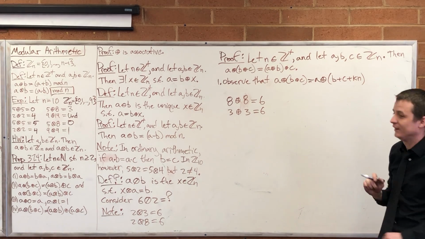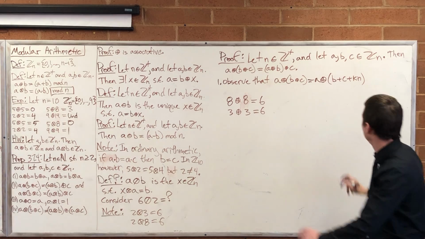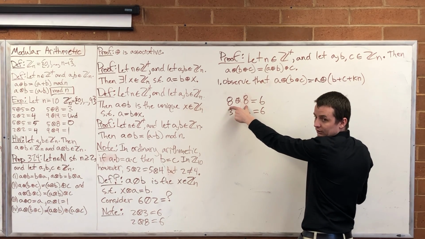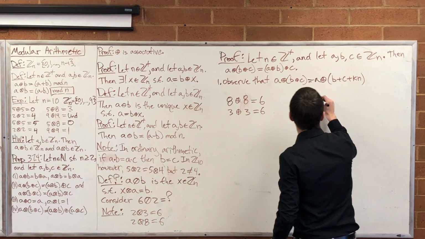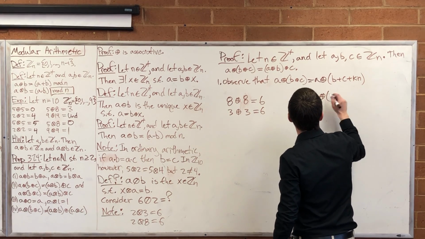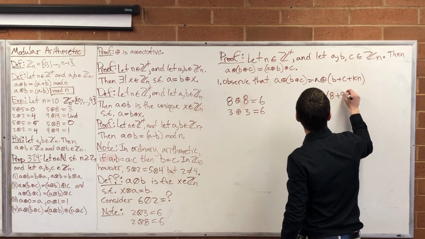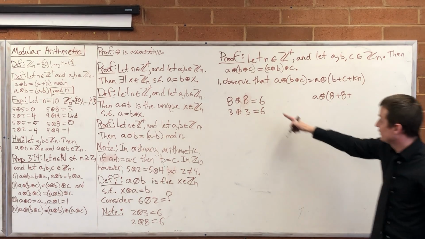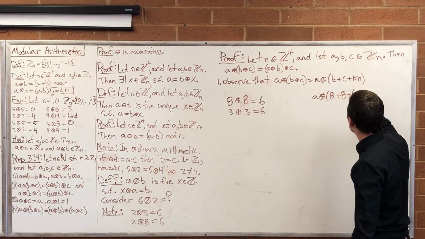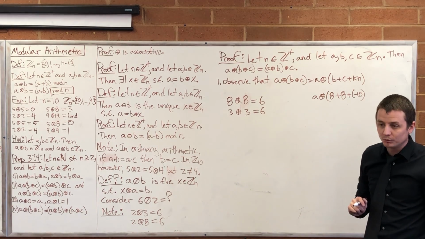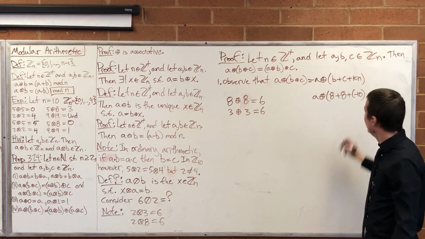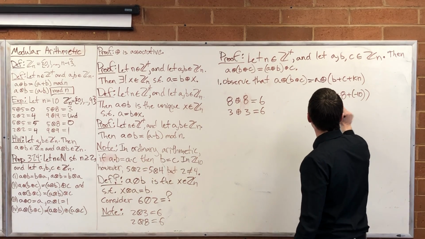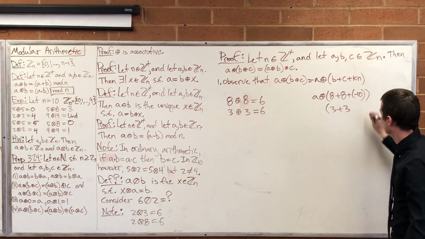Okay, let's see. Now I don't have a good way to say this, so let's just say that this was my B and my C for a second. So we have 8 plus 8 plus, in order to get that 6 out, I need plus a negative 10. Some integer multiple of 10.